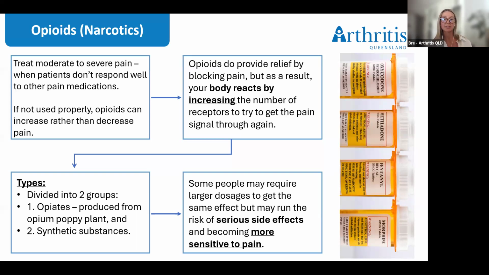And due to the risk of side effects such as addiction and overdose, healthcare professionals are advised to avoid prescribing opioid painkillers for long-term pain where possible. If you are prescribed opioid painkillers, your treatment should be strictly monitored.